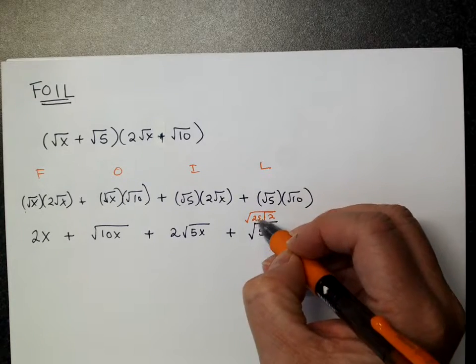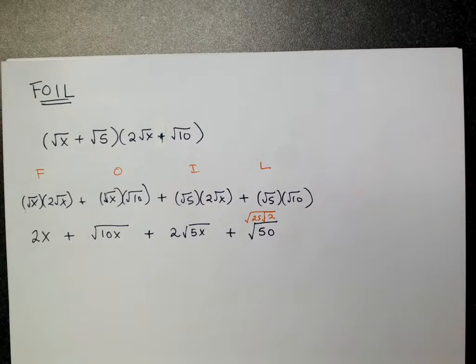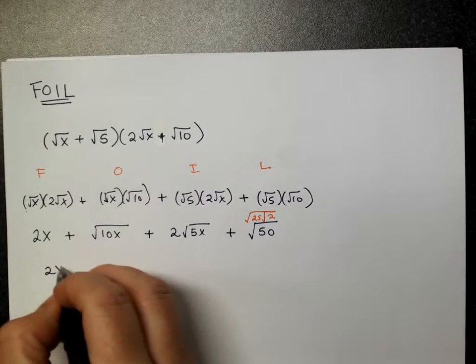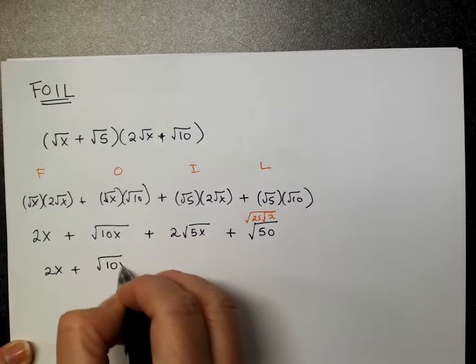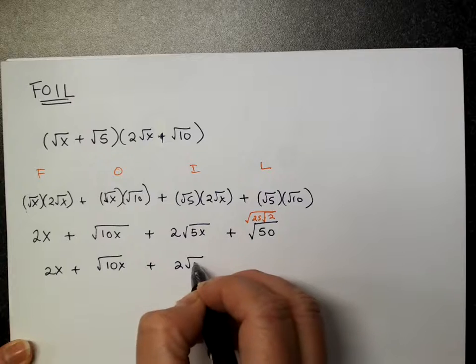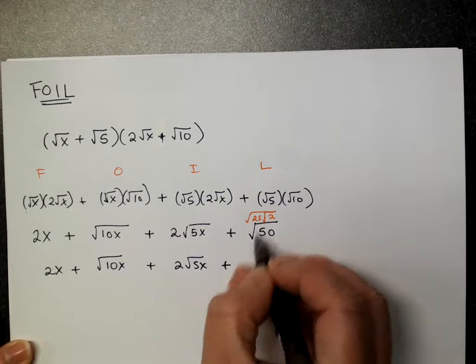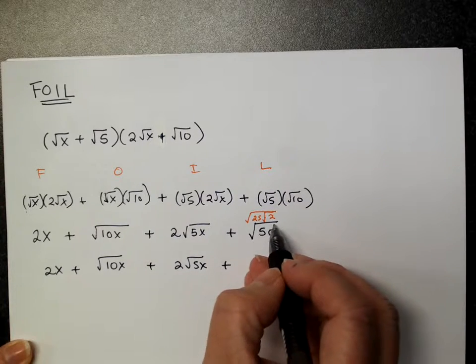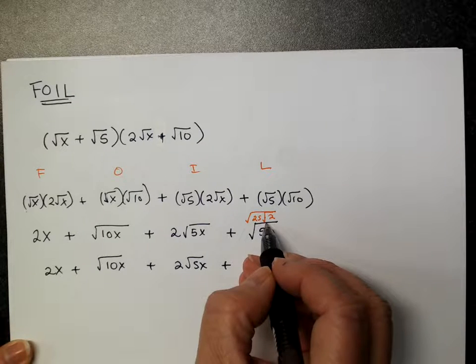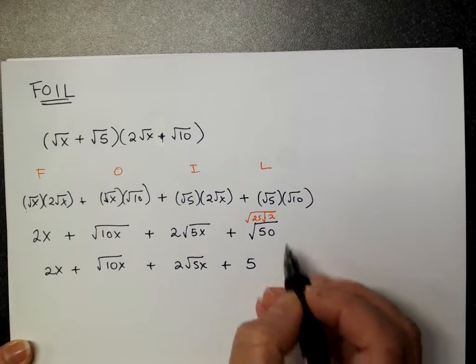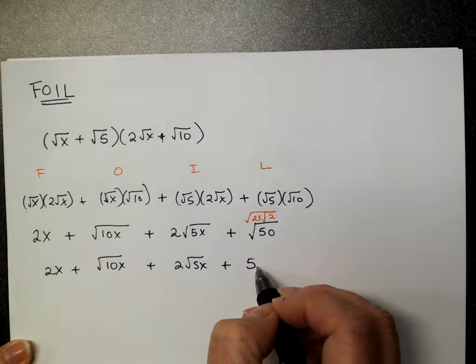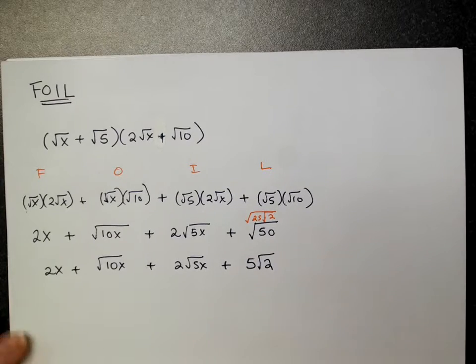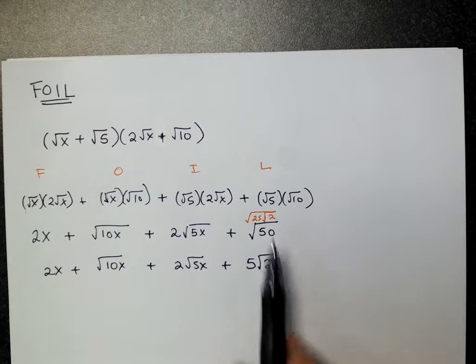And I root and release, and I have my leftover bit. Okay. So now I have 2x plus square root of 10x plus 2 times square root of 5x plus 5 radical 2, square root of 2. Yeah, root and release the 25, but the square root of 2 is left behind.